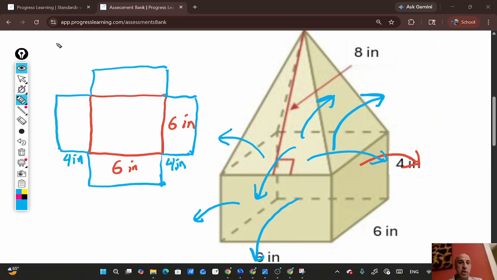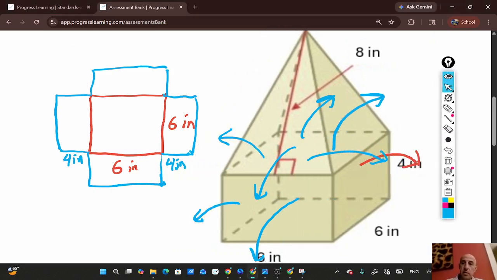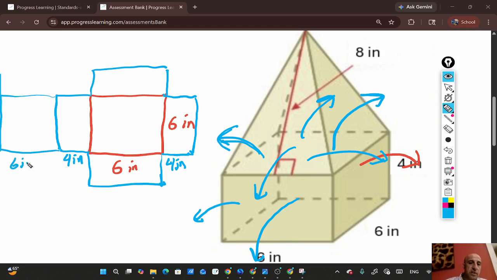I will make the top open to this direction. As we see, we have 6 inches here and 6 inches here, and actually we have 6 inches for all the sides.